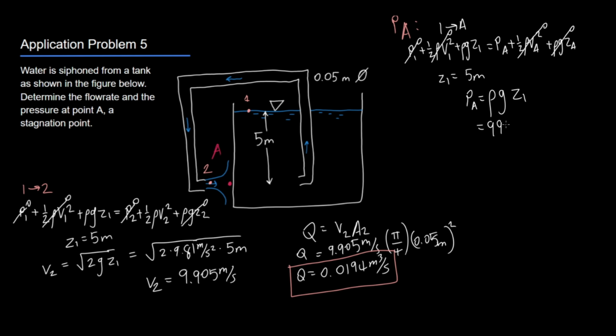And that's 999 kilograms per meter cubed times 9.81 meters per second squared times 5 meters. So PA turns out to be 49 kilopascals. And that is the answer. So we have the pressure at A and the flow rate.